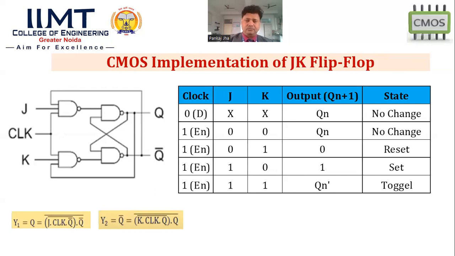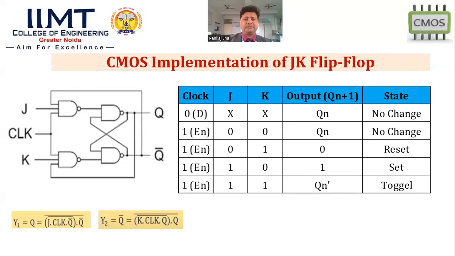So what will happen when we are applying 1-1? The output will be complemented. That is also known as the toggle condition. That means if the previous output is 0, now it will become 1. If the previous output was 1, then we will get 0 output. Understood?